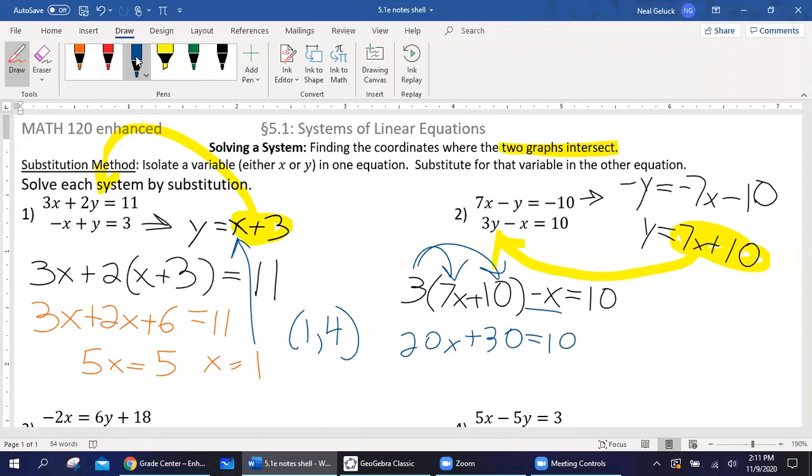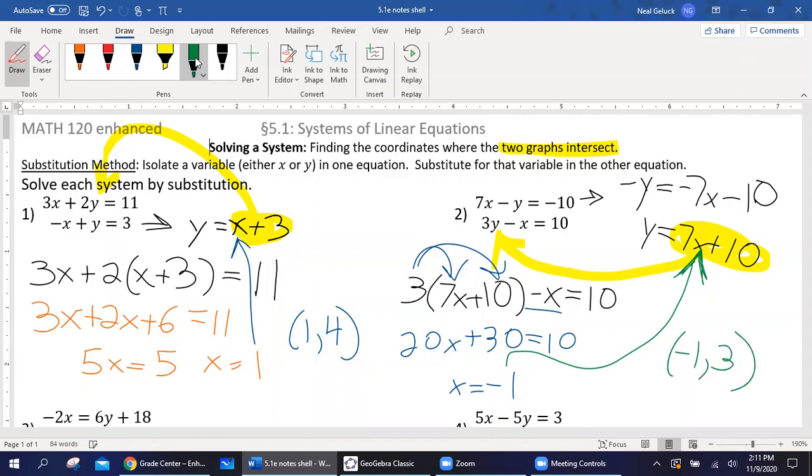And if you solve through, you'll get 20x equals negative 20. So x is negative 1. Still need the y. I would just plug in negative 1 for x here. That'll tell me what y equals, which is negative 3. I'm sorry, positive 3. So your point is going to be negative 1 for x, 3 for the y.